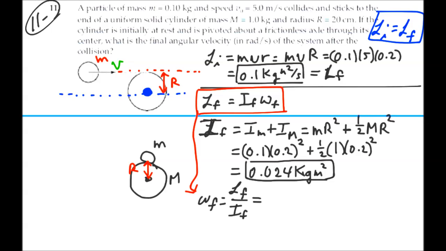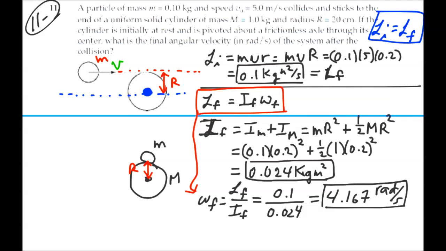And that's going to be equal to 0.1 kilogram meter squared per second over 0.024 kilogram meter squared, and that's going to equal 4.167 radians per second. So that is our final angular velocity of the system about the center axle of the cylinder, 4.167 radians per second.